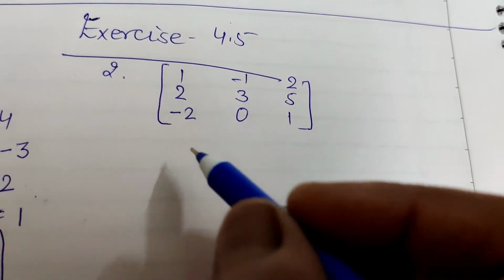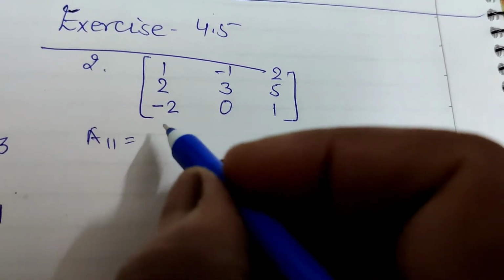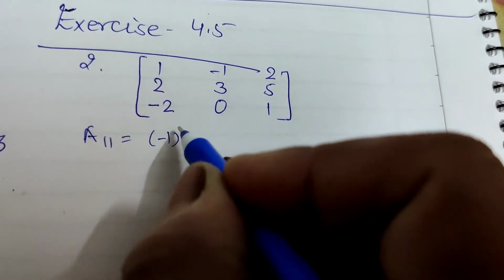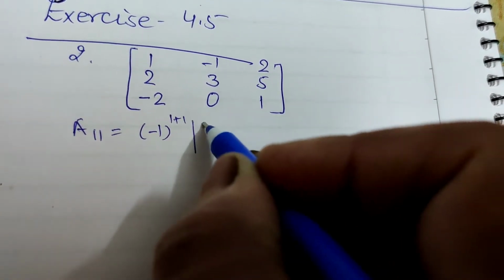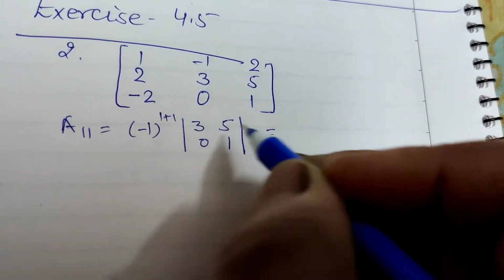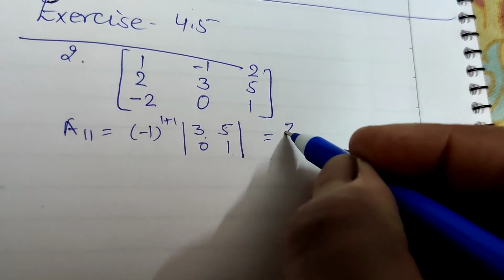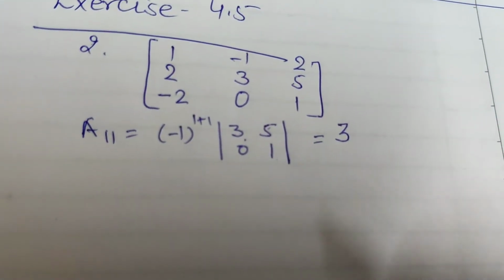Now first we will find the cofactors. First cofactor A11: first row and first column, minus 1 raised to power 1 plus 1, and the matrix 3, 5, 0, 1. It is 3 minus 0, so it will be equal to 3.